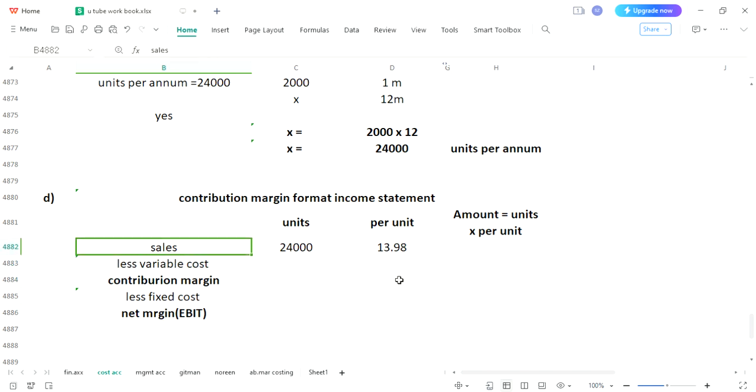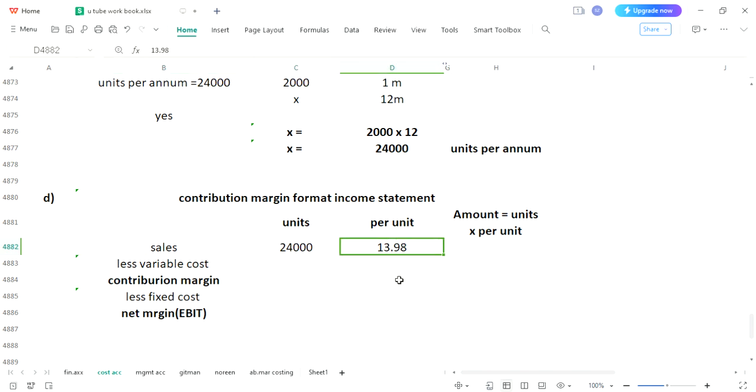Sales, we have already mentioned the number of units of sales and the per unit amount of sales. Secondly, please understand that the number of units for sale will always be the same as the number of units of variable cost and the number of units of contribution margin. Why? If you are selling 24,000 units, it is automatically understood that you have manufactured those 24,000 units.